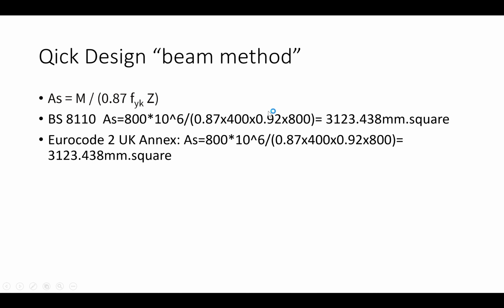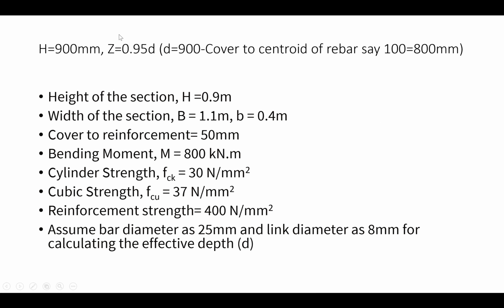For the maximum level arm in the consideration, we use 0.95d, the maximum level arm for single reinforcement, and d is equal to the height minus cover to centroid of rebar. For the centroid of rebar we include the cover 50 millimeter, and from the cover to the centroid another 50, so we say 100 millimeter.